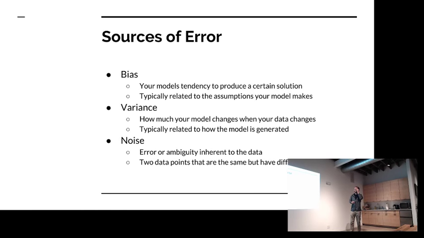Yeah. And then just look at some of the sources of error. So now you have metrics to determine whether error is present or not, and these are the sources of that error. So bias, first of all, is related to the assumption that your model makes. It's the model's bias towards a specific solution.